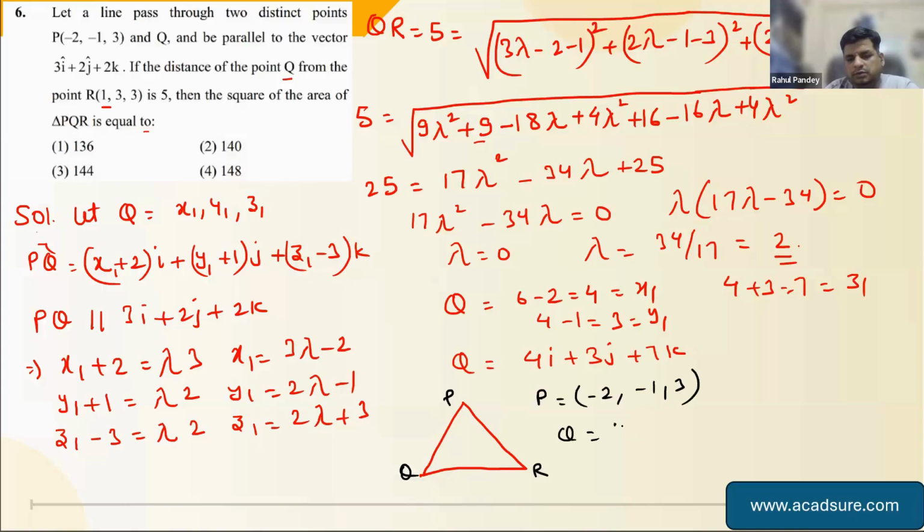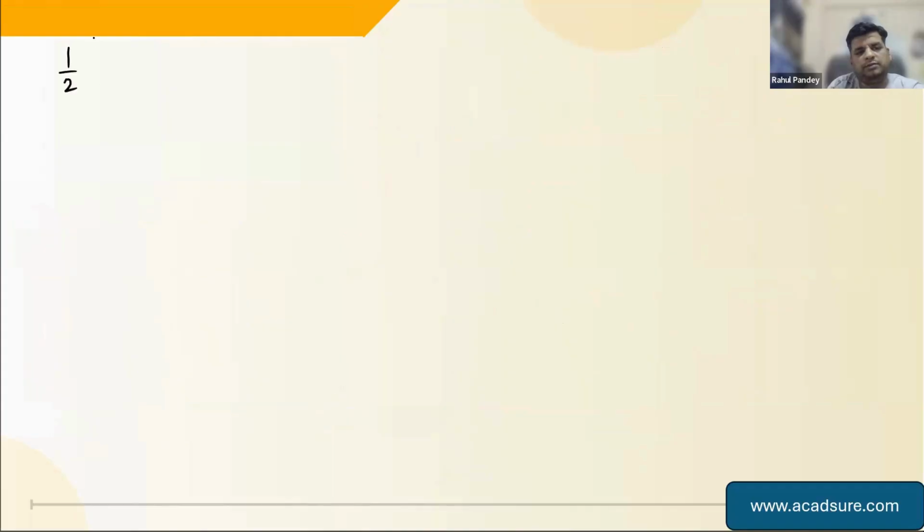Q is known, (4, 3, 7), and R is known, (1, 3, 3). So the area of the triangle can be half, just the value wise, of PQ cross PR.